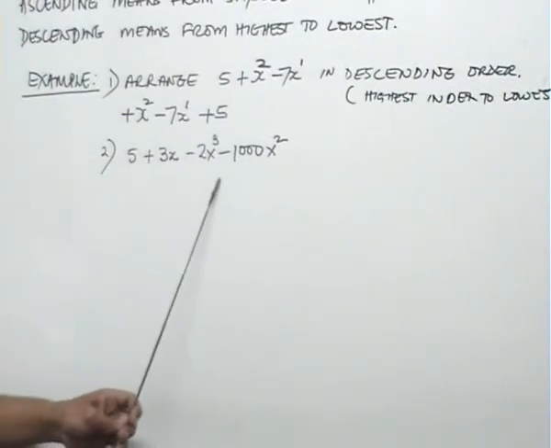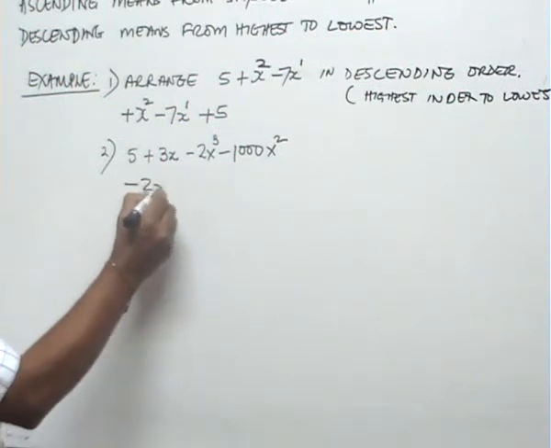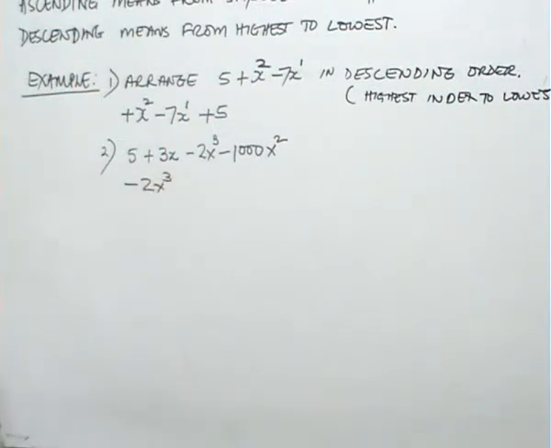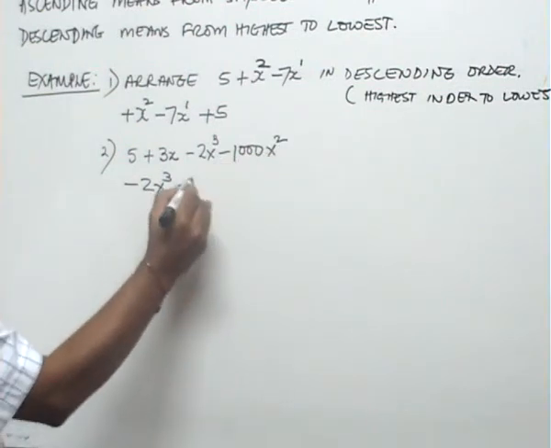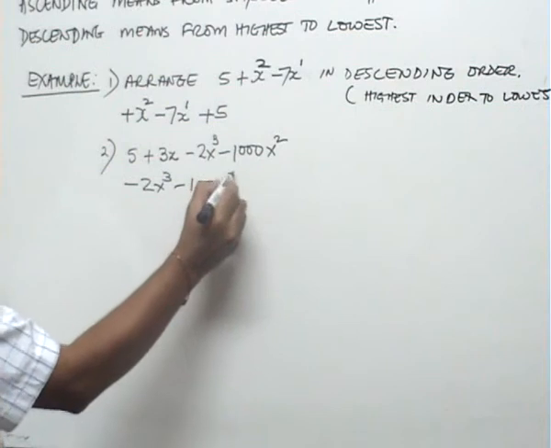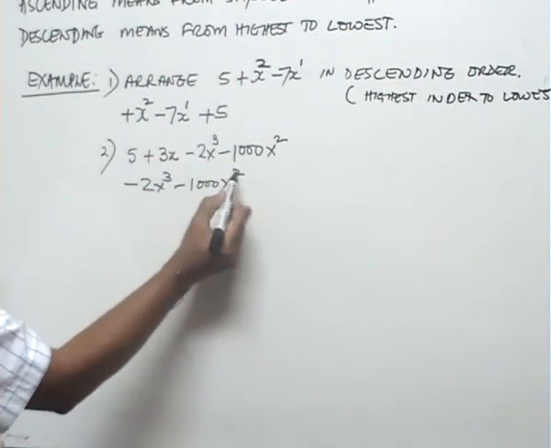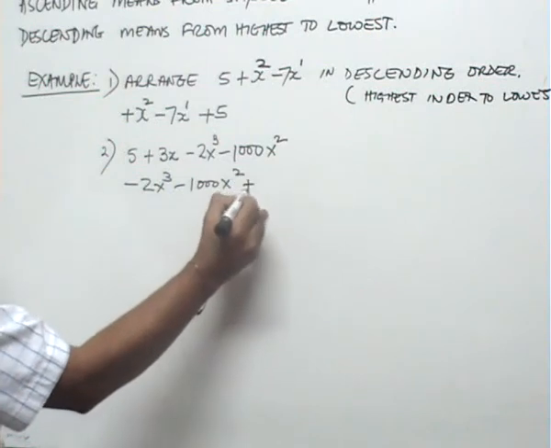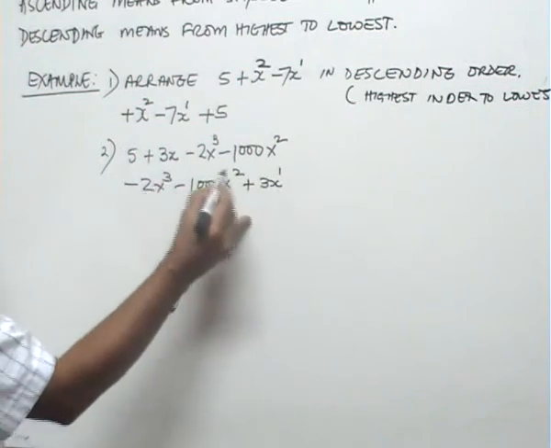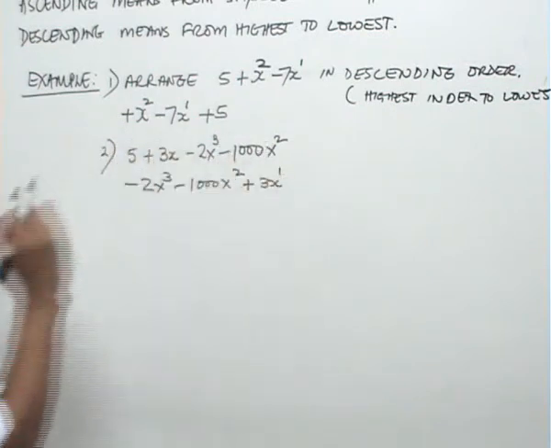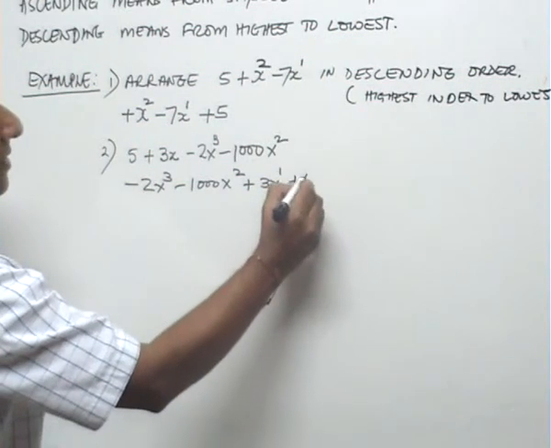So, what is the highest index in this example? X cubed. So the term 2x cubed will be written first. Then we follow by minus 1000x squared. You see, we're following with the index. We wrote the highest index first, followed by the next index, followed by the next index. You see, 3, 2, 1. It's descending according to the indices, and you put the number in the end.